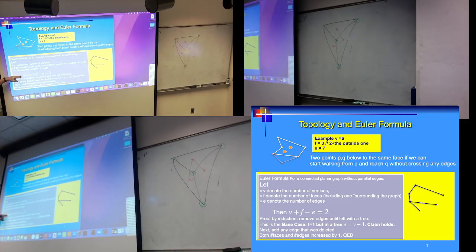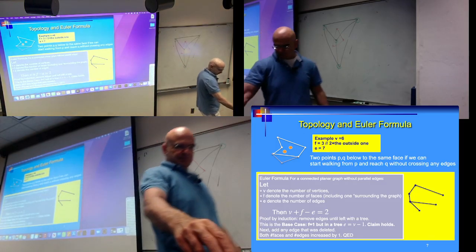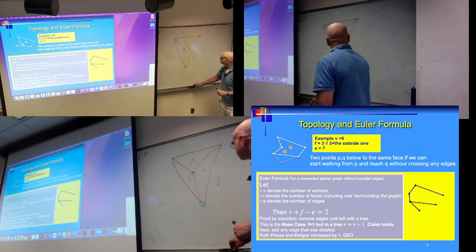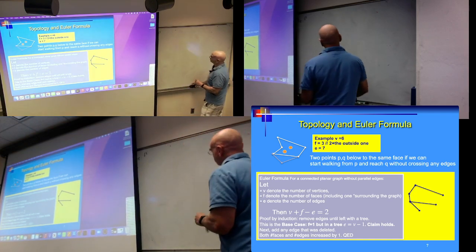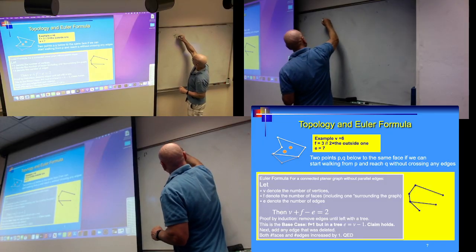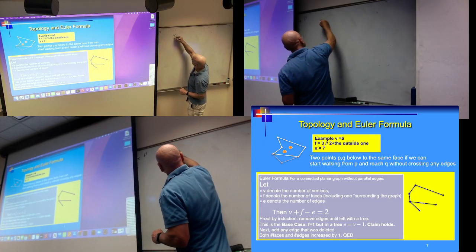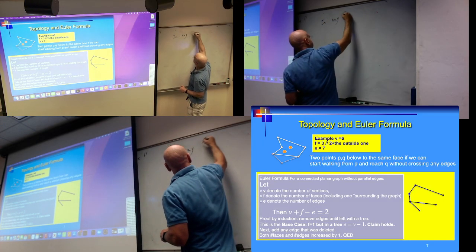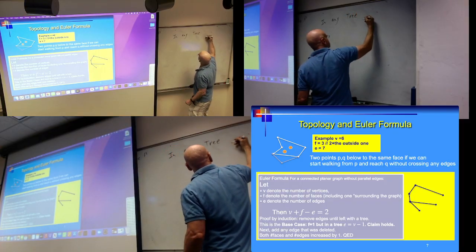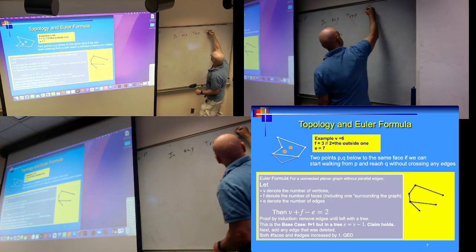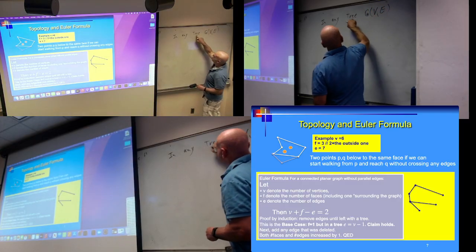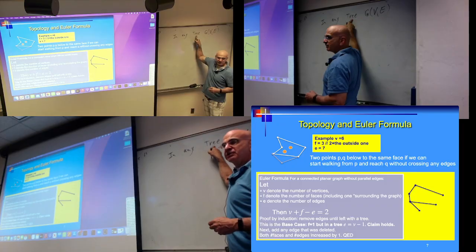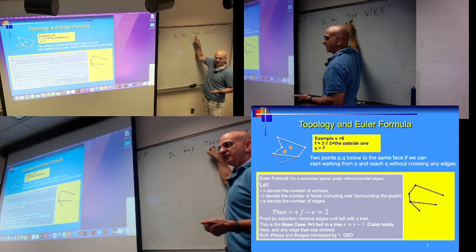How am I going to prove this formula? I need a little lemma that says that in any tree, tree in graphs just means it doesn't have cycles and it is connected.